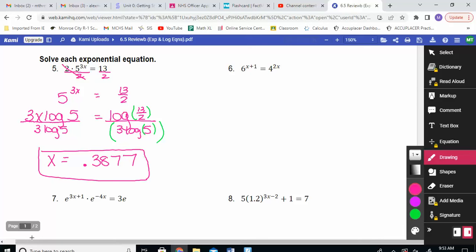And we know we can always check these just by plugging it back into the original. Did you get that one?